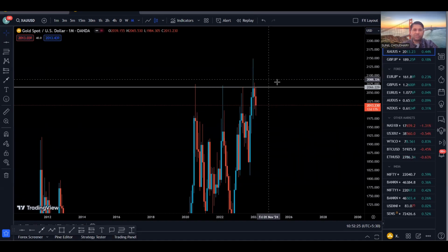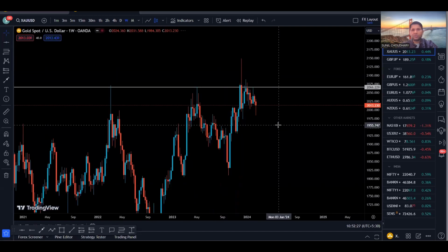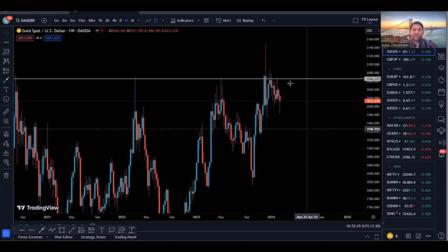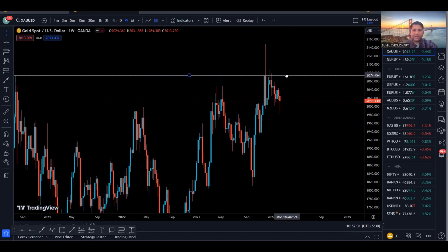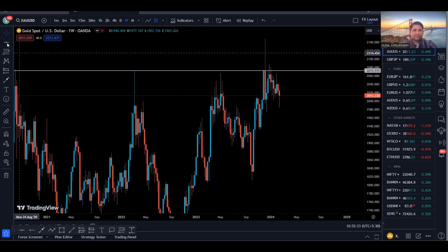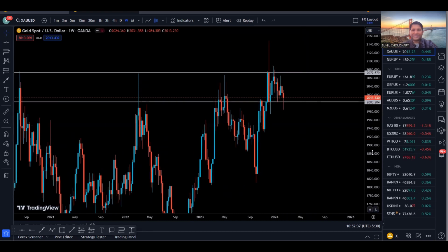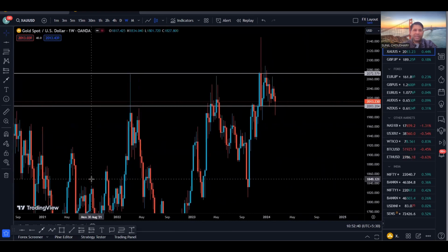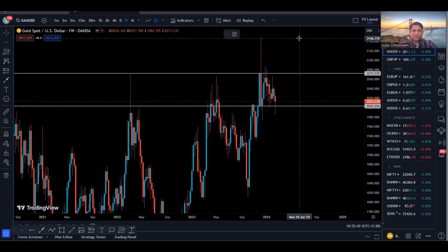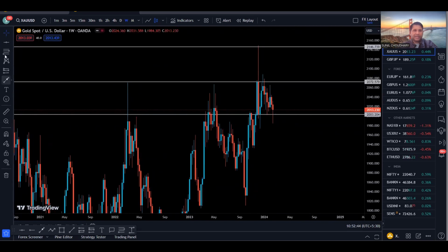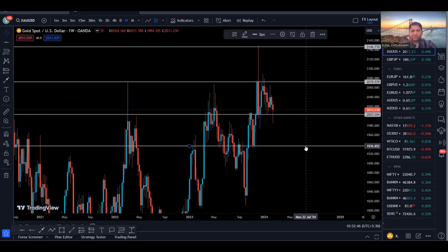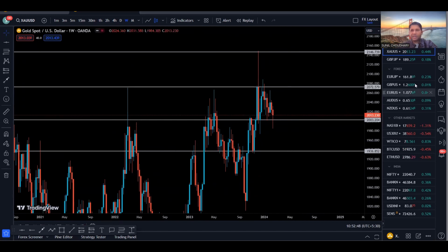Now to find out more details about what the price is going to do, we will go to the lower time frames. On the weekly time frame, we can see that we have this one as a resistance, and we have this one as a support. So price is still ranging on the weekly time frame. If we talk about the next resistance, which is right here, and the next support, which is right here, basically we need some kind of breakout on the weekly time frame.